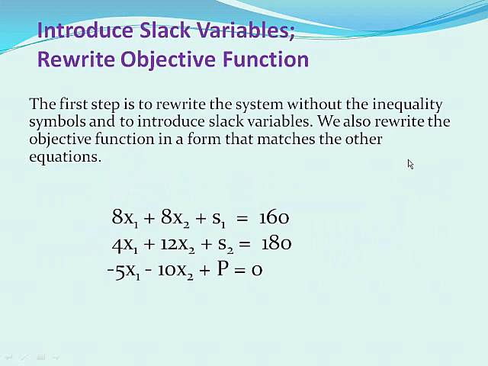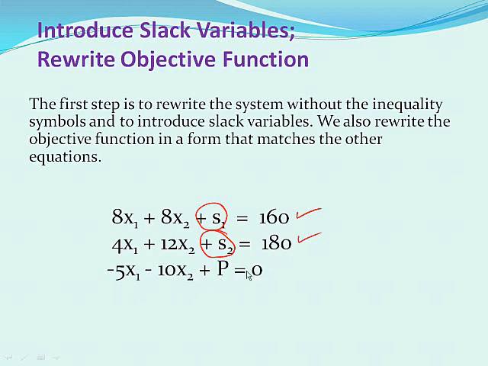First, we need to introduce slack variables and rewrite the problem as a system of equations. So the first constraint is converted to an equation using the slack variable s1. Second constraint is converted to an equation using the slack variable s2. And the third equation in the system is the same as the objective function written with the right hand side equal to 0.